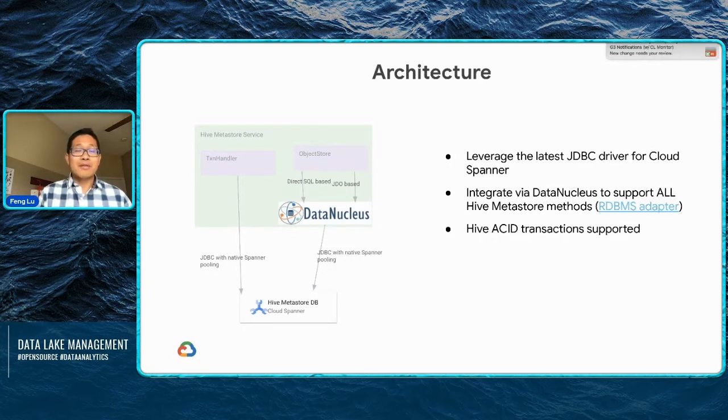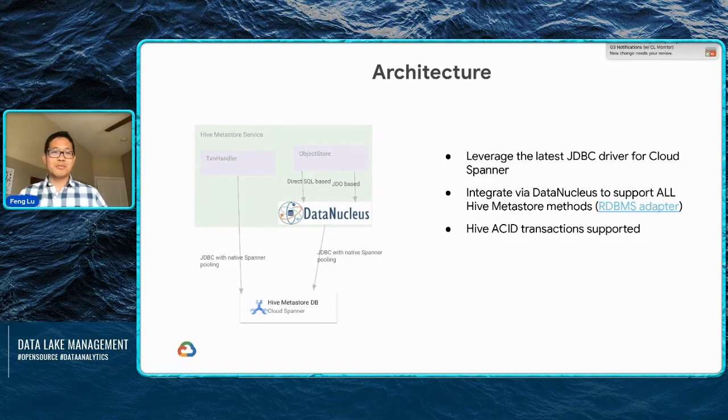So we took that on and considered the best way to run Hive Metastore on Cloud Spanner. We tried the approach of having the Metastore talk directly to the Spanner database, but that made it really hard for us to support all Hive Metastore methods.